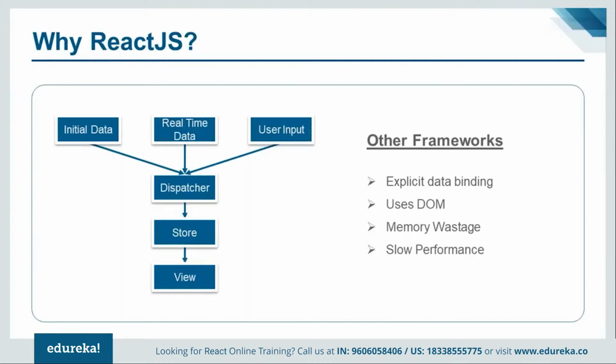Okay. So now let's move forward and talk about why ReactJS is popular and why it is used. ReactJS tried to introduce some very interesting concepts. React in general is usually used with a state management tool. The idea is that the way the view is represented and the way the view will be changed is controlled through a certain process. If you have three scenarios, like initial data, real-time data, or user input, all of them will go through some type of dispatch mechanism, which will in turn update the store.